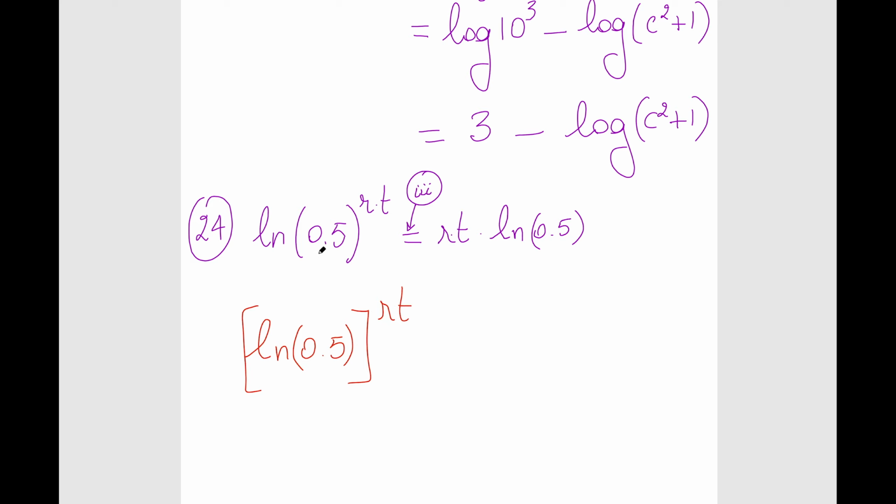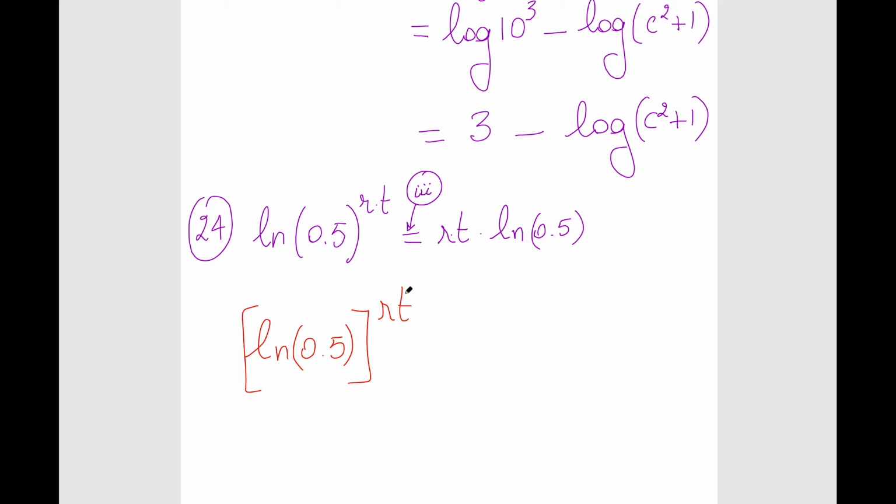Correct? So one more time, over here it's the 0.5 that's raised to power rt, and as such, I can play the game of property 3. Over here, that's different. This is ln of 0.5, the whole thing raised to power rt, and that's not this guy.